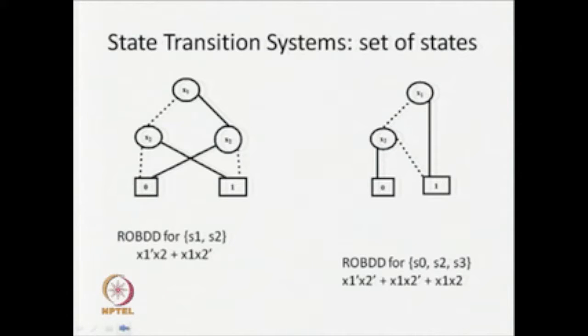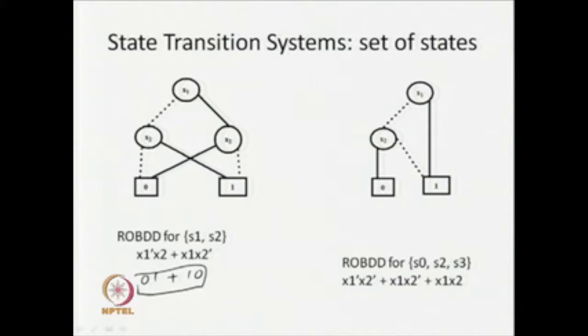Okay. Next, we are going to see how to represent this. In this particular case, I am showing a simple example. Say this is the set of states I am going to take: S1, S2. This is the Boolean expression for this subset S1, S2: x1 prime, x2 plus x1, x2 dash. So S1 is 0 1 and S2 is 1 0.